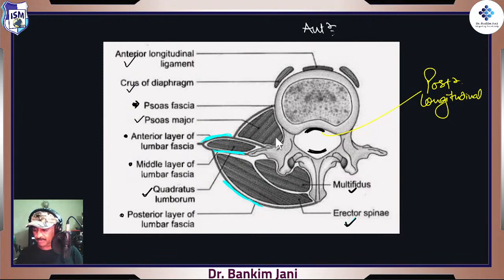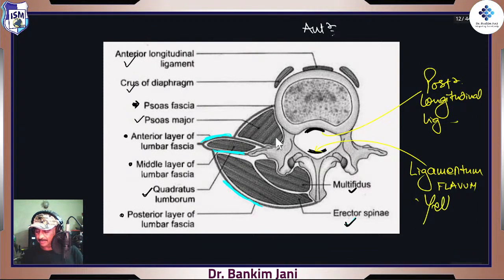So posterior longitudinal ligament, and this one, deliberately I have used the yellow color because its name is ligamentum flavum. Flavum means yellow. We'll see all these ligaments. Right now, just remember that there is something like this. Psoas minor is not seen here.